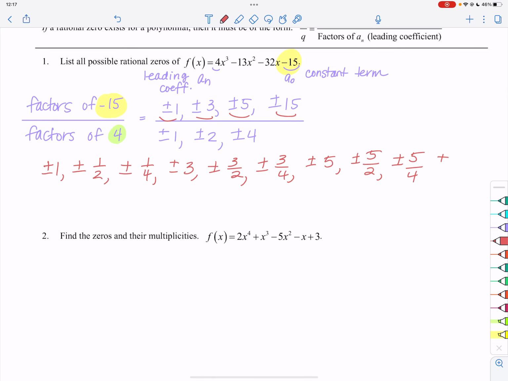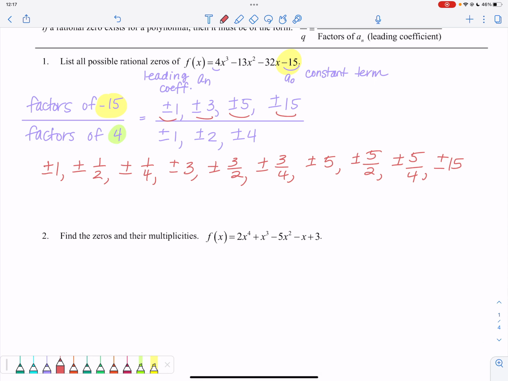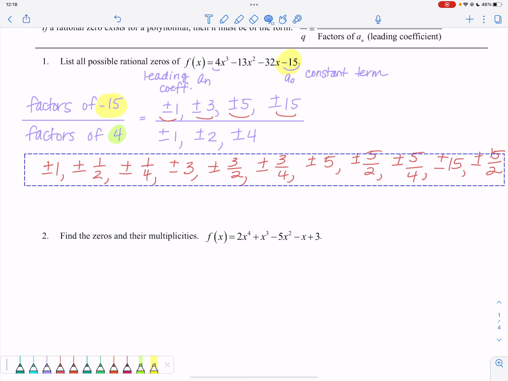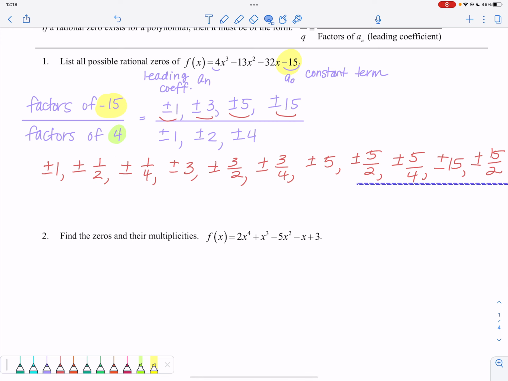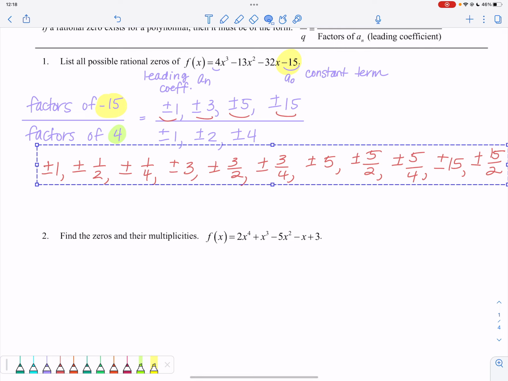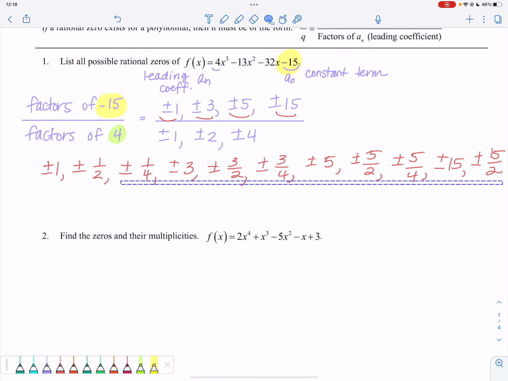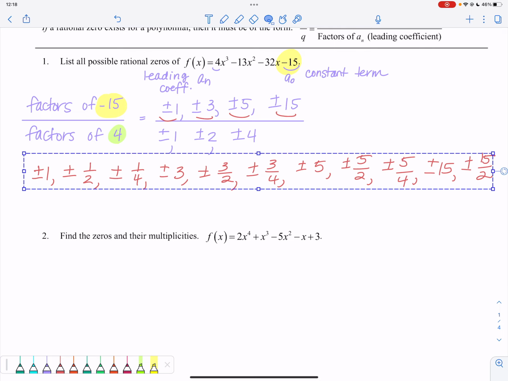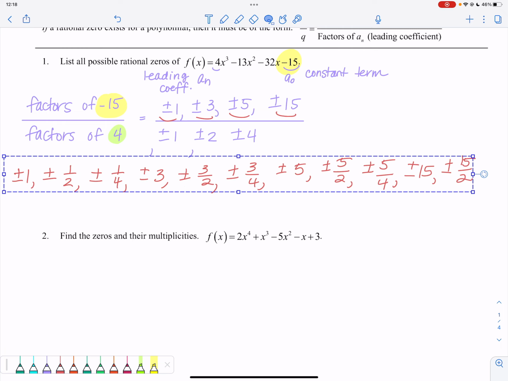So we have plus or minus 15, plus or minus 15/2, and I've got one more. I'd like to put it in the same line here.